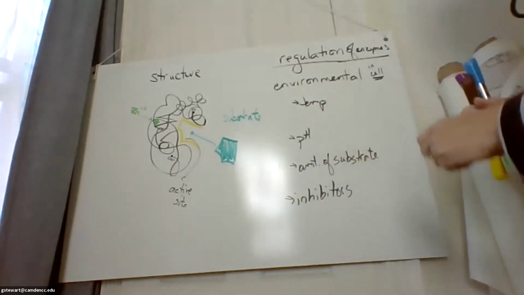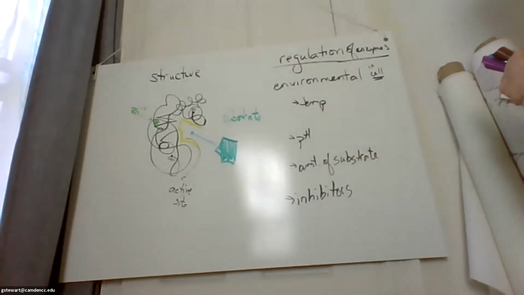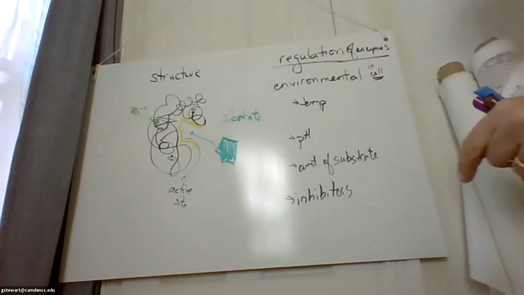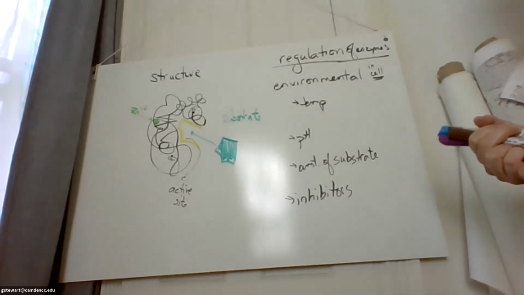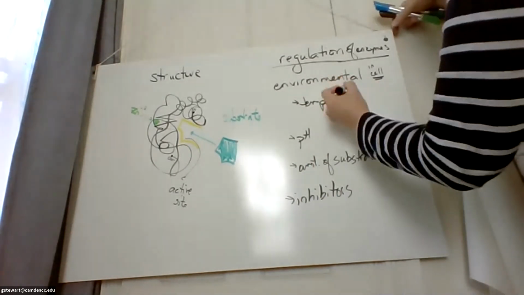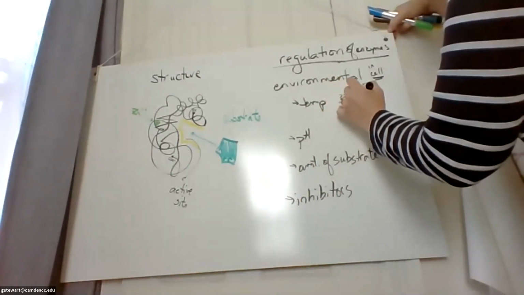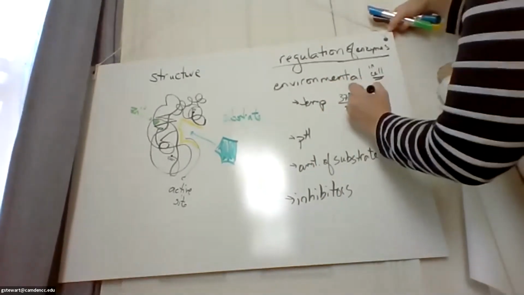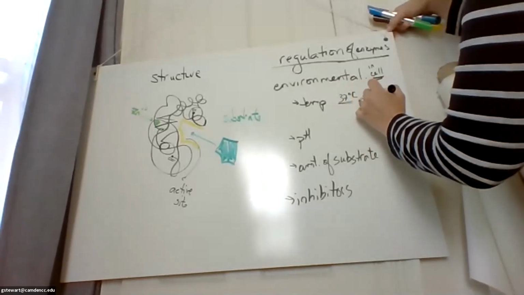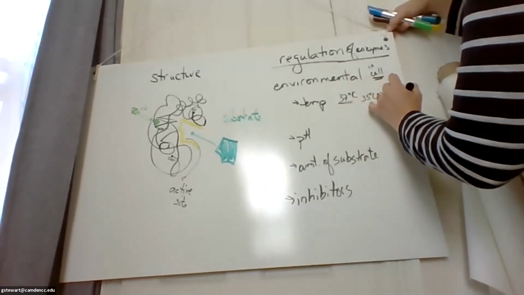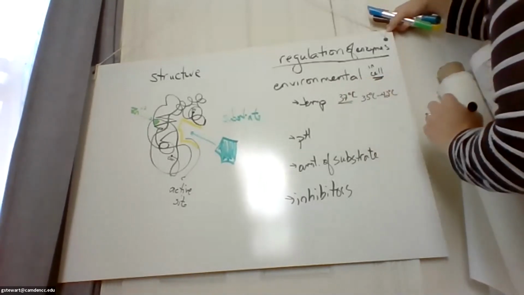So for temperature, the enzymes that we're mostly going to encounter work inside cells that are inside humans, and our temperature is 37 degrees Celsius. So those enzymes are going to work best between, we say, about 35 and 42 degrees Celsius. That's when they're at their optimum.